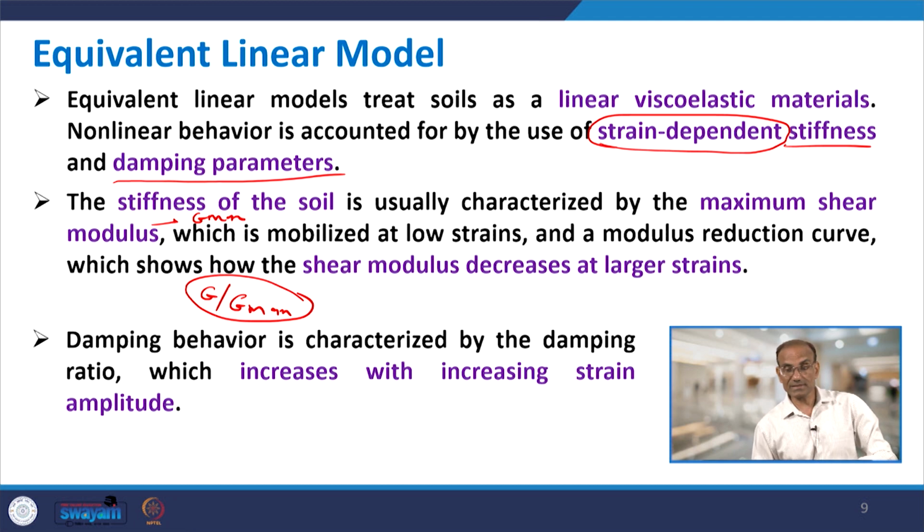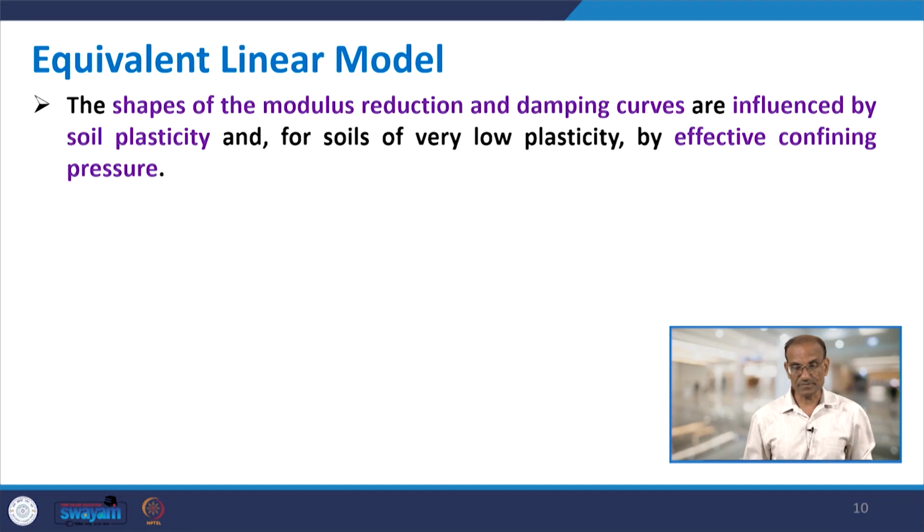Damping behavior is characterized by the damping ratio, normally represented by Chi, which increases with increasing strain amplitude. So, G by G max decreases with the strain amplitude, while the damping ratio increases; we will discuss this again in more detail.